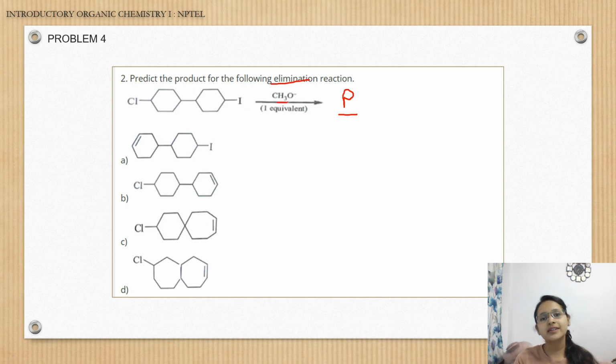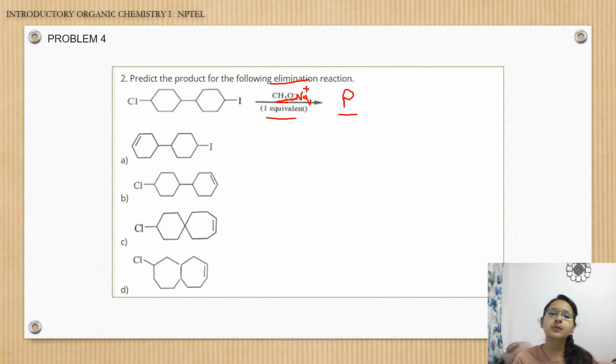This methoxide is again a base, right? They are not writing the counter ion, so sodium, potassium, anything could be the counter ion. This methoxide is present as a base, and they have told you that you have taken it in one equivalent only. So you have one equivalent of base, not excess of base.